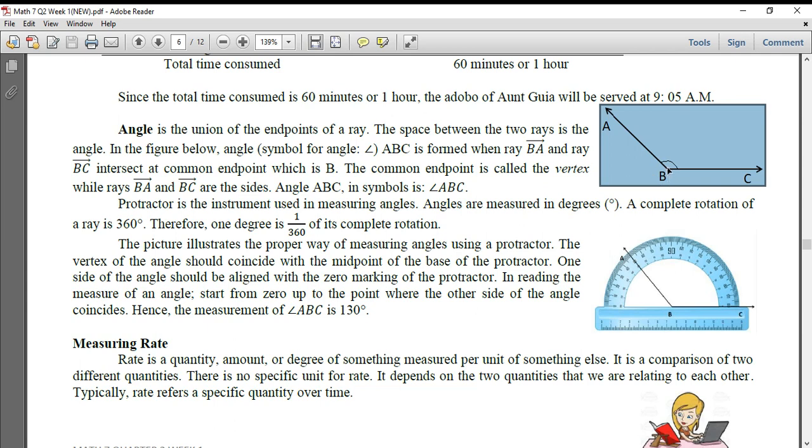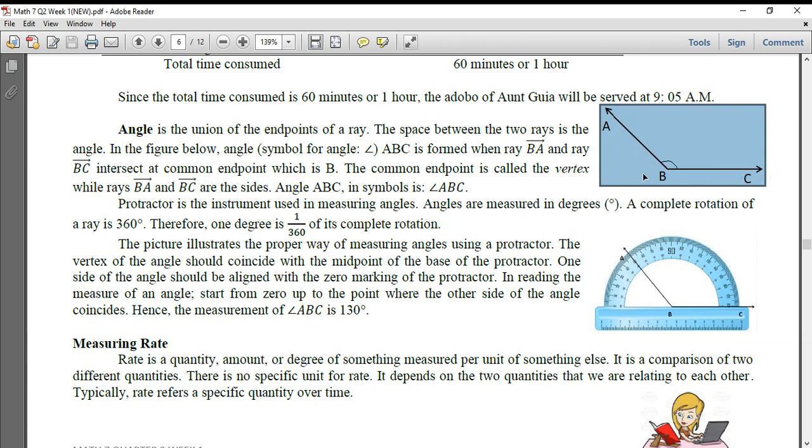So, B. Okay? Point B is the vertex, and the sides of an angle are ray BA and ray BC. So, hindi siya pwedeng pagbaligtarin, hindi siya pwedeng sabihing ray AB. So, kasi pag sinabi nating ray, there should be an endpoint and isang arrow going left or right, or pag ganito, diagonal.